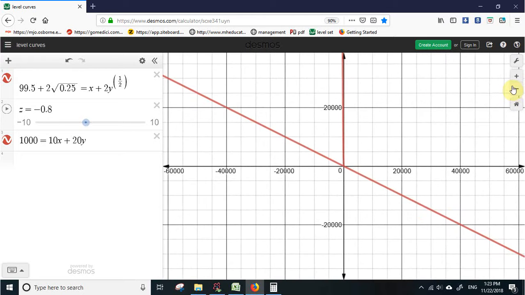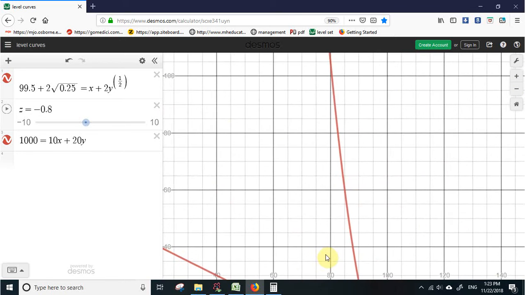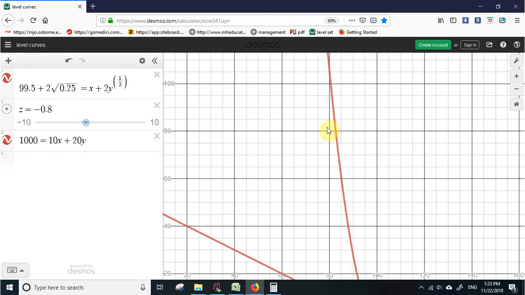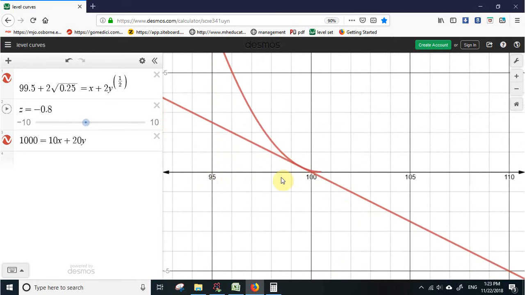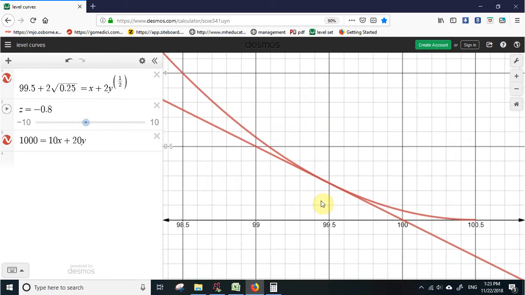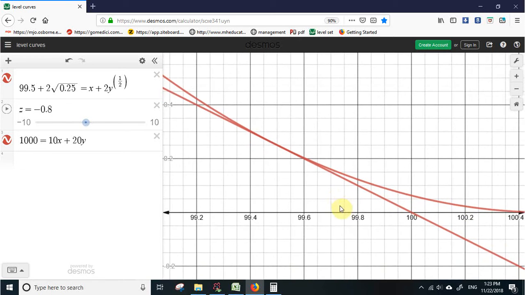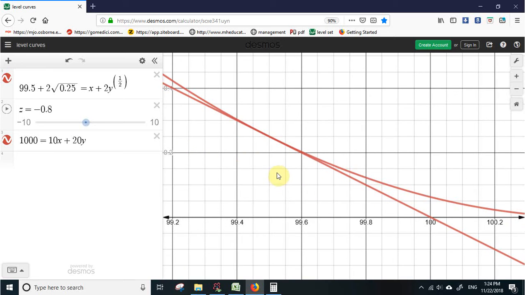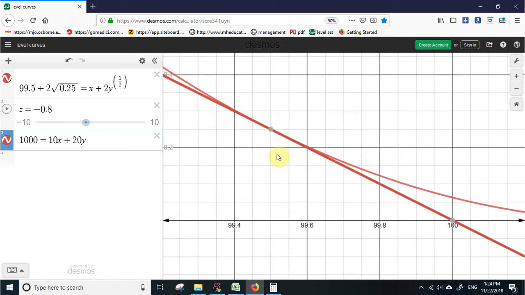The indifference curve will just look like a very steep curve, and the consumer's equilibrium will be here, almost in this corner, but not exactly. It is not a corner solution because the consumer consumes at least some quantity of both commodities. So the consumer's equilibrium is this point, 99.5 and 0.25.